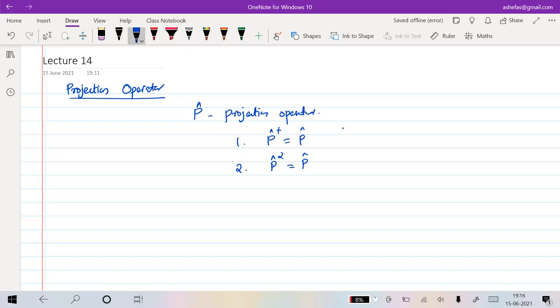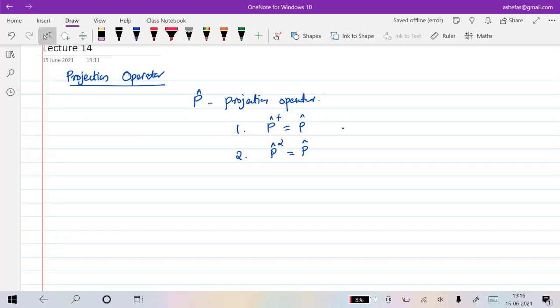Okay, now what is the importance of the projection operator in quantum mechanics or in vector space? We can see it with an illustration.